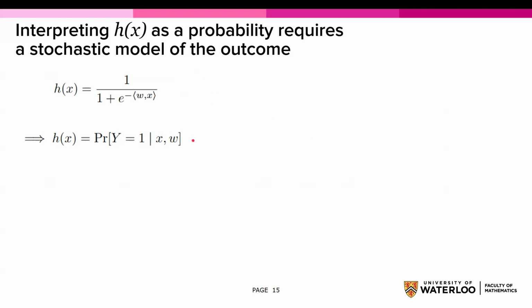So within our setup, let's make this interpretation clear by equating the output of the learned model h of x with the conditional probability that the associated outcome is 1, given a particular feature vector x and the parameters of our logistic model w. So importantly, y, the output of the model, is now a random variable, denoted capital Y. It's not deterministic. So one thing we need in order to fit the parameters is a probabilistic model of the outcome or a label.